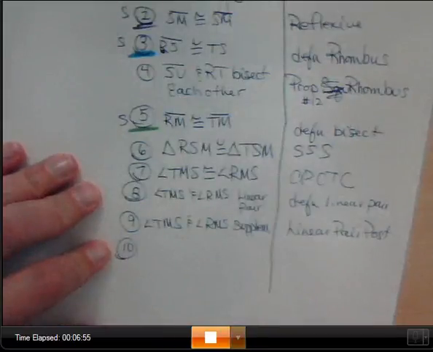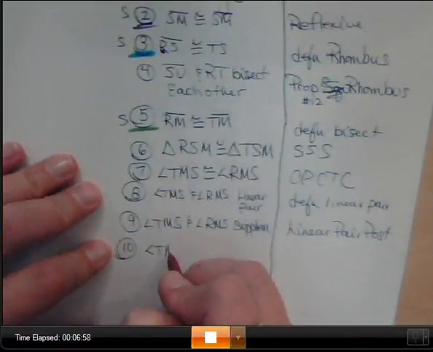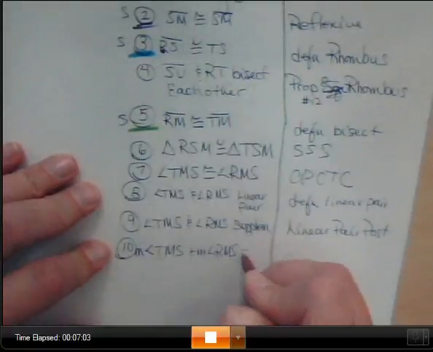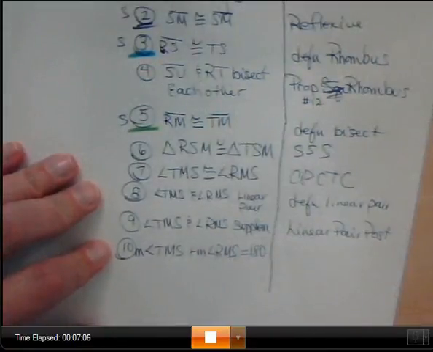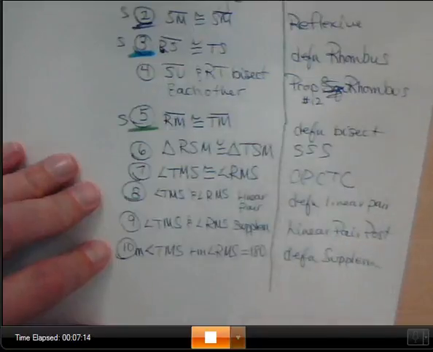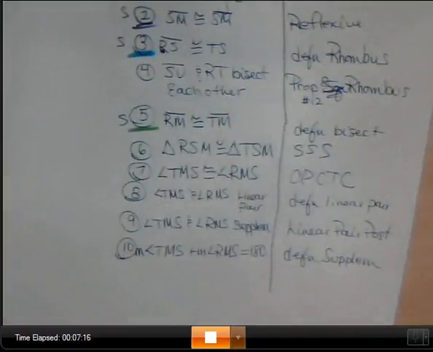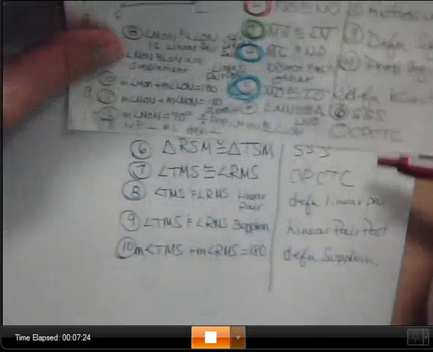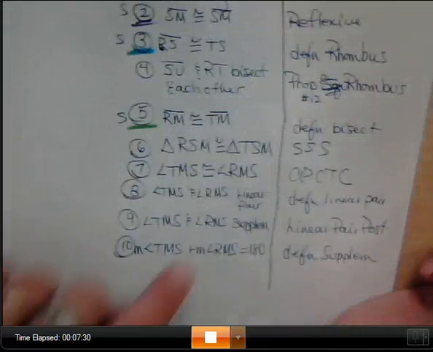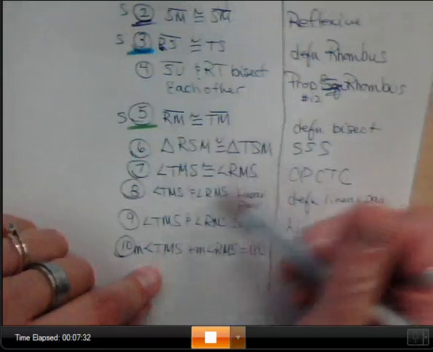So that means what? The measure of angle TMS plus the measure of angle RMS equals 180. Reason? Definition of supplementary. Now we did this funny thing. What did we do? We said that they were congruent before. So then we have a substitution. We want to sub one of those in for the other one.